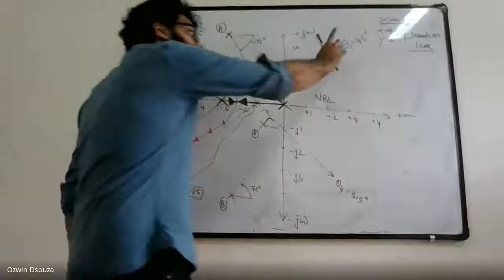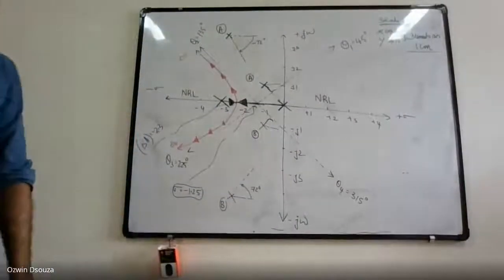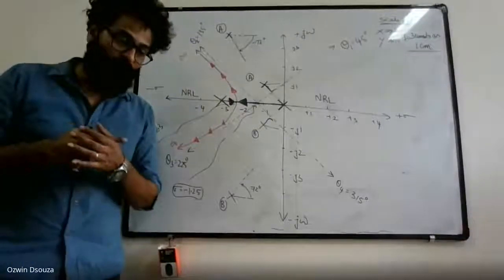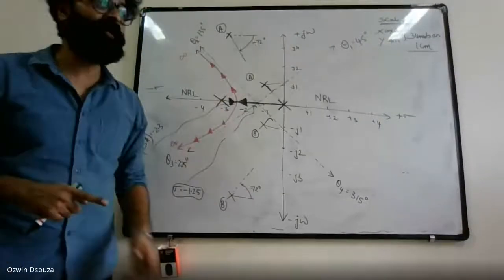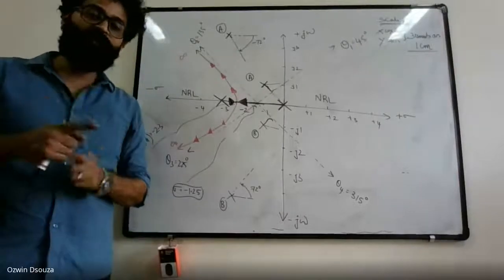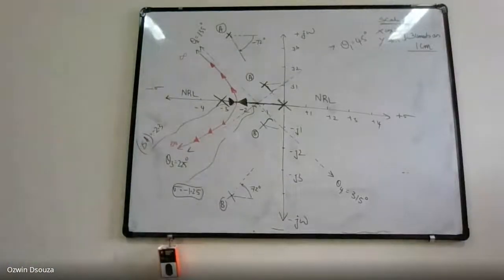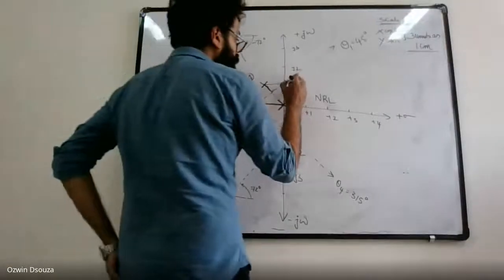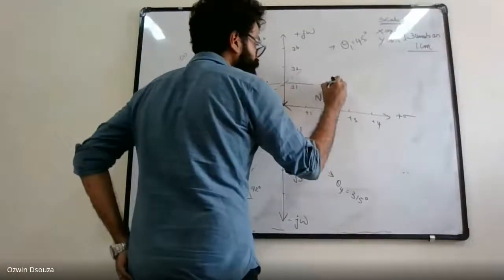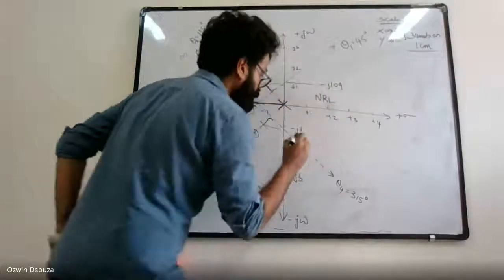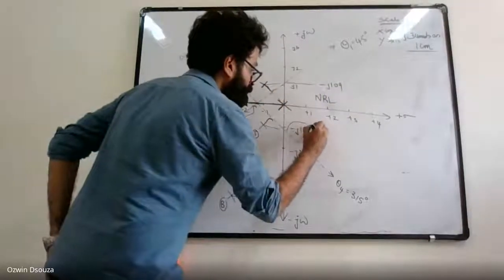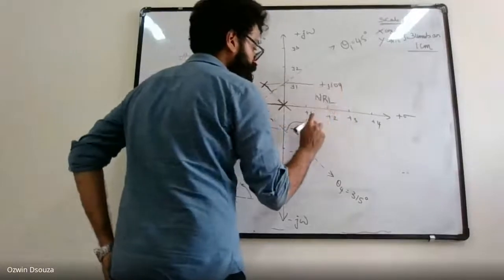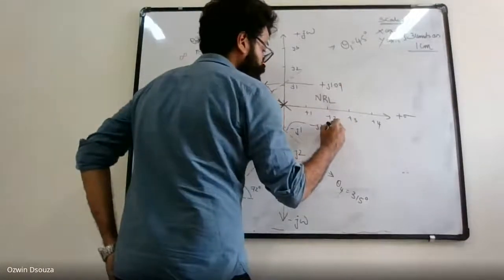Now, when they move along the nearest asymptote, are they going to make any crossover with the j omega axis? Yes, they cross the j omega axis at plus or minus j 1.09, which we have already found. So 1.09 is somewhere here, this is plus j, this is minus j 1.09.